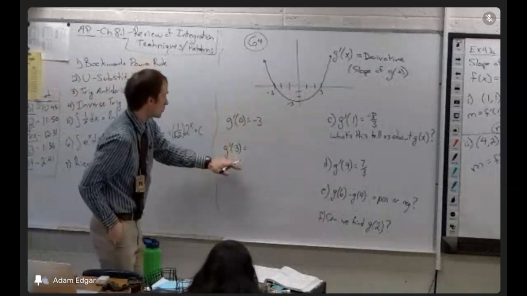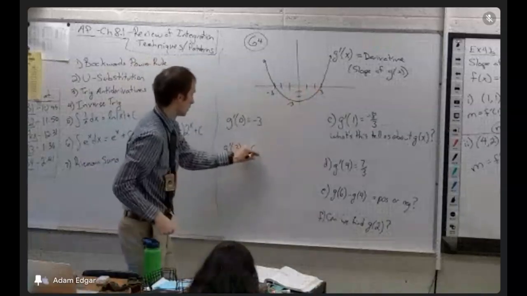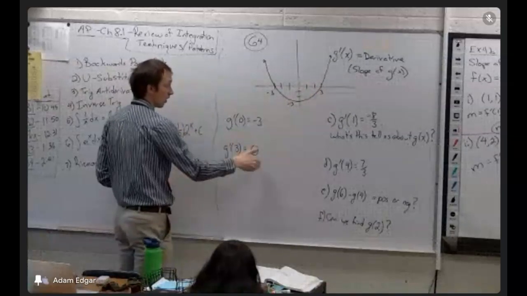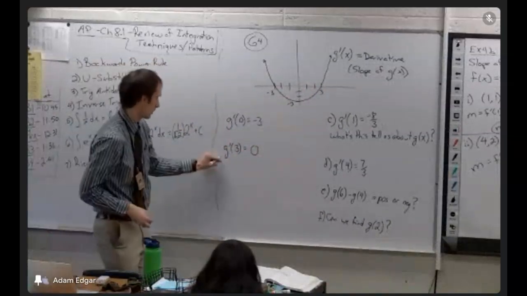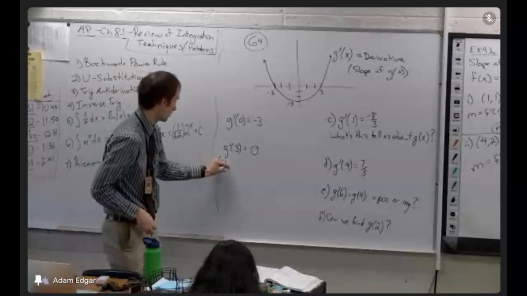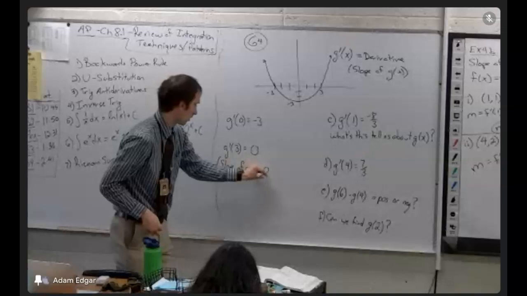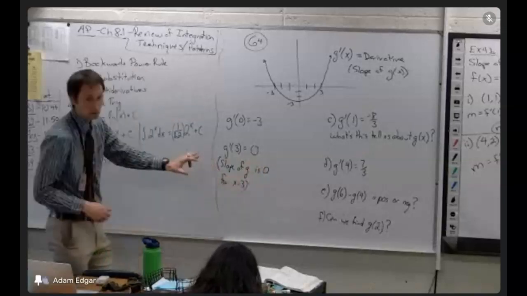What's G prime of 3? 0. That tells us that the slope of G is 0 when x equals 3. You can even write that down here: slope of G is 0 when x equals 3. That's what that means.